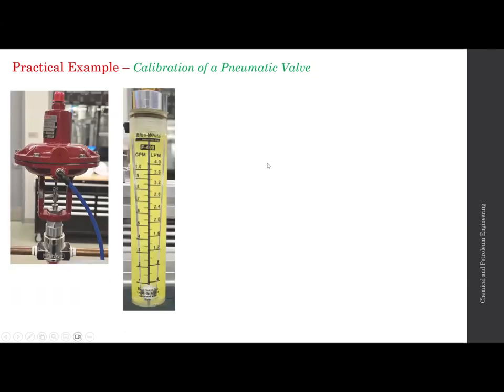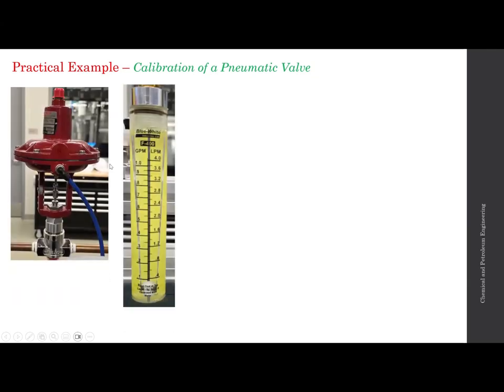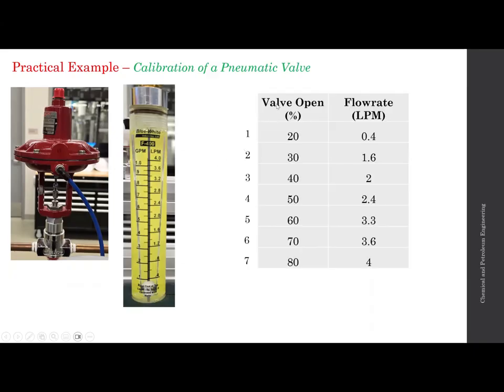So when we do that, based on the percentage of openness of this valve, we have an amount of water going through that, and we can measure it with this manometer in gallon per minute or liter per minute. So basically, what we have eventually as our data is valve openness, like when this valve is 20% open, then the flow rate will be 0.4 liter per minute.